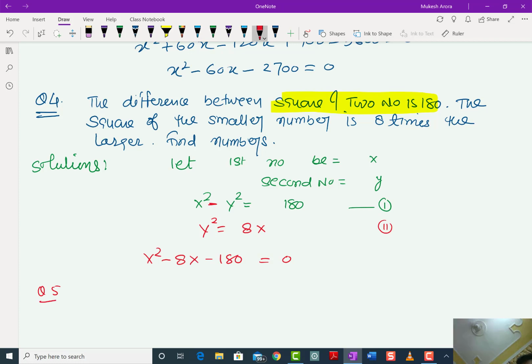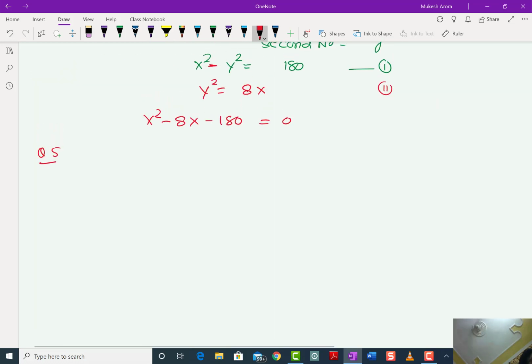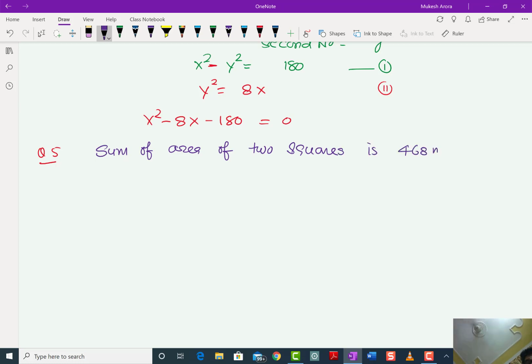Question number 5: the sum of areas of 2 squares is 468 meter square.